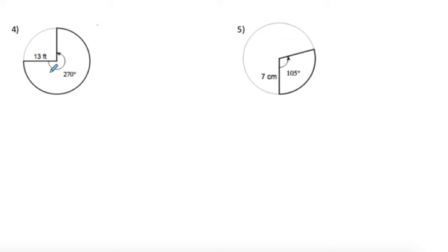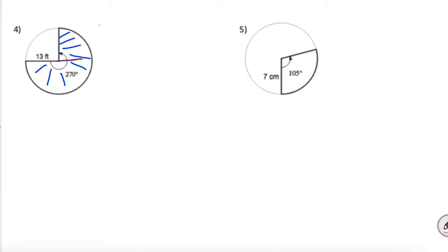Okay, so what about number 4? We have 13 again for our radius, but now I want 270 degrees to get this part out here. So when I look at this part and divide it into fourths, instead of 1/4, now I want 3/4. So 1, 2, 3. On our previous day, we did a semicircle was half, 90 degrees is a quarter, 270 is 3 of those quarters.